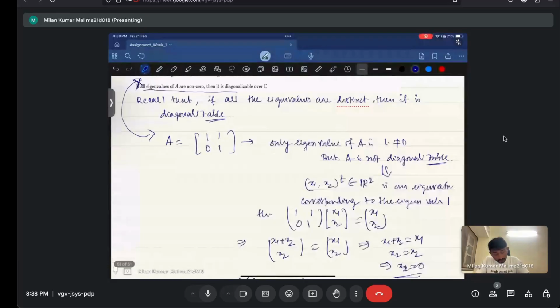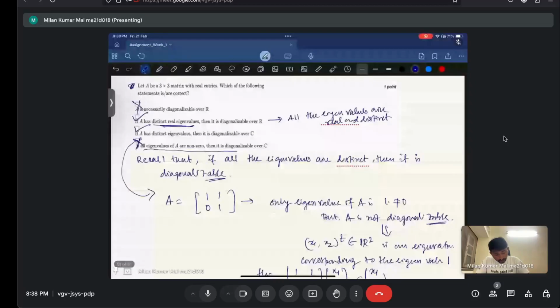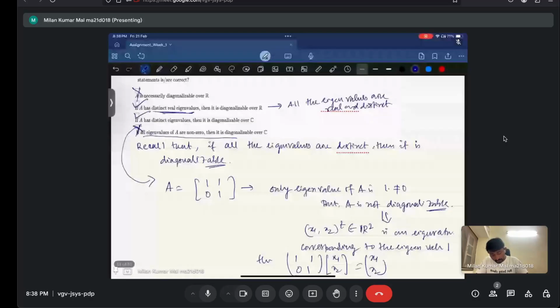So recall that if all the eigenvalues are distinct over the field C, that is very important, then the matrix A is diagonalizable. So that says option C is correct.